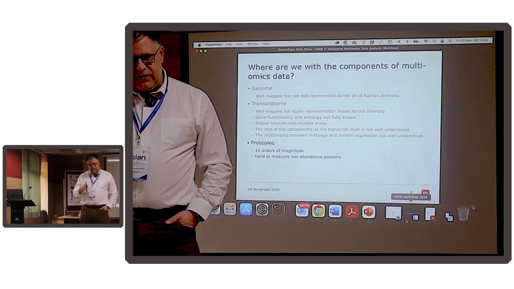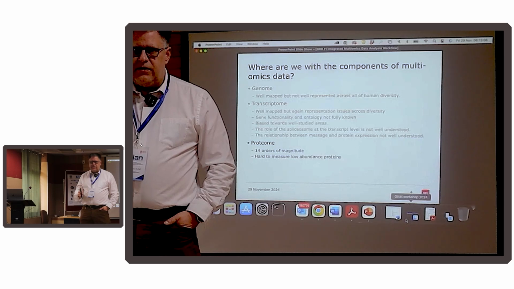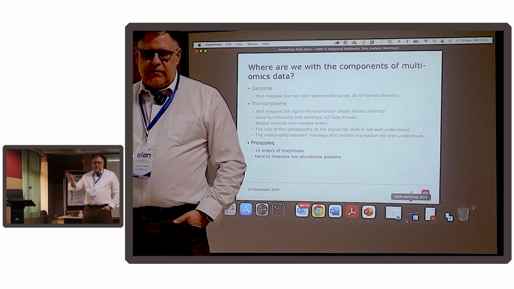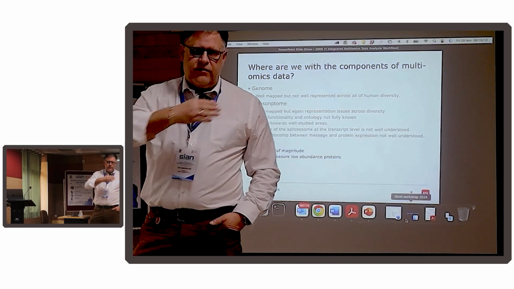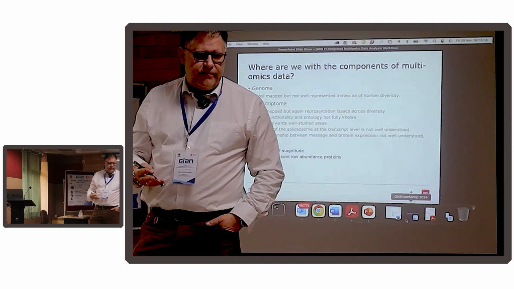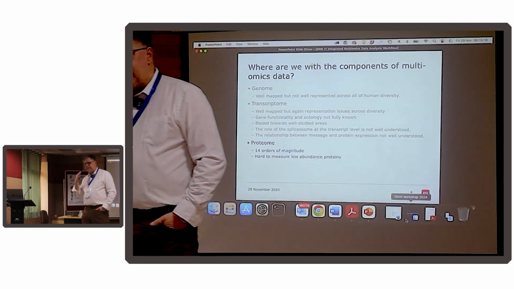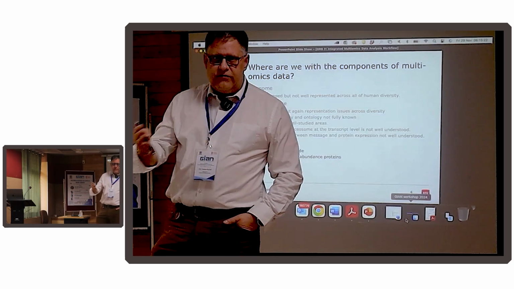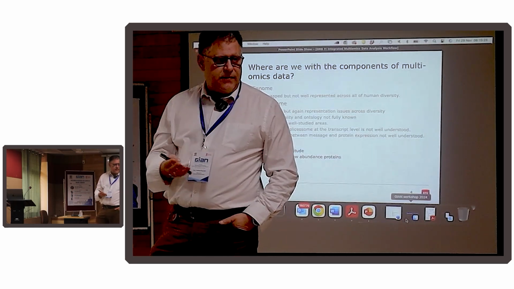With array-based methods, protein arrays, that might go up to 9. With some of the new mass spectrometry methods, that goes up to 9 as well. But we are missing things. We don't measure the whole proteome, so we have gaps there. That's something which will change over the future. Instrumentation will get better.